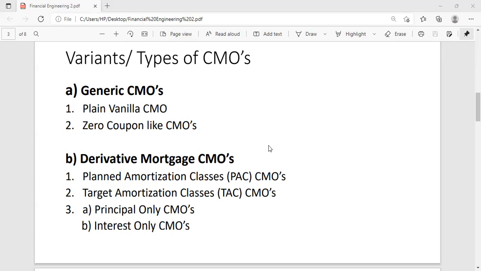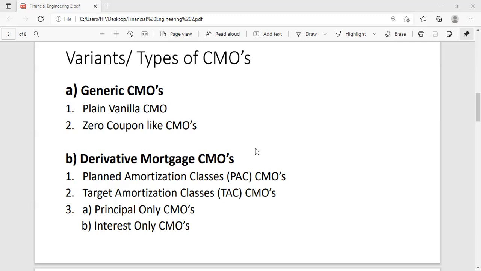After the repayment of the principal of the second tranche, the third tranche becomes the fastest pay tranche, and that process goes down like this. All right. This is often called the plain vanilla CMO.